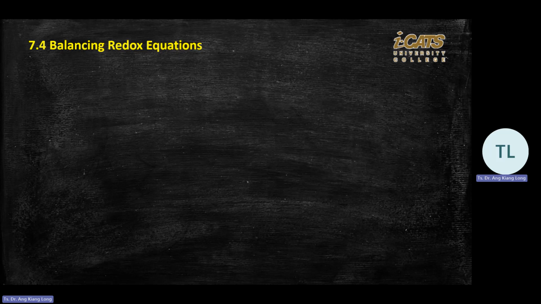Those who missed the class, please go through the recorded video on the oxidation state and how we identify the number. There are 2 important tables: the rules table 1 to 5, and a small table involving fluorine, hydrogen, oxygen, groups 17, 16, 15.